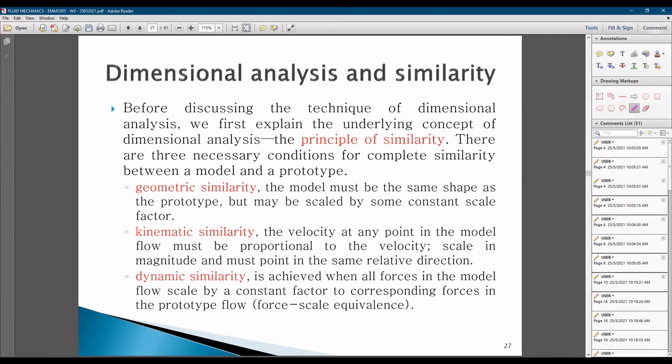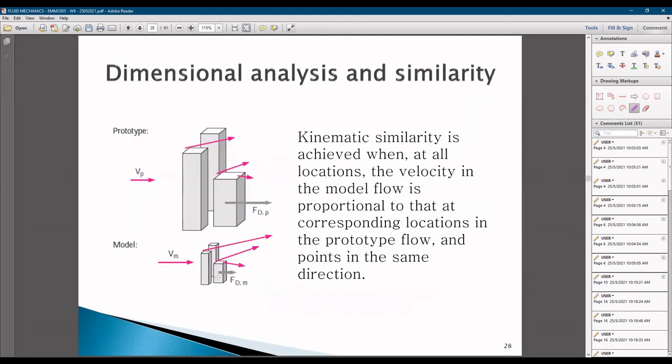I think later you will appreciate this part more, where you are going to analyze the forces acting on an aircraft, which is covered in aircraft performance analysis, or what we call flight mechanics later on. Okay, dimensional analysis and similarity.